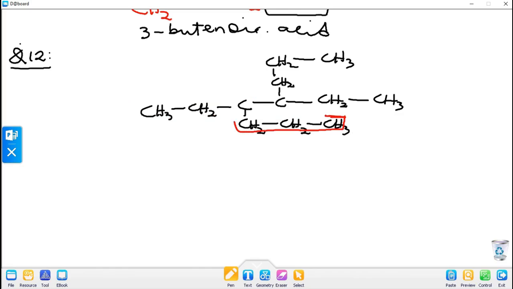In all the chains we've counted so far, we have counted 6 up, 6 down, and now we have seen another one, 1, 2, 3, 4, 5, 6, 7. Now we are counting 7. So you can see, if I had gone straight, I would only be counting 6 carbon atoms. But if I count this way now, I will be getting 7 carbon atoms. You see? So you ought to be very, very careful in taking your longest continuous chain.